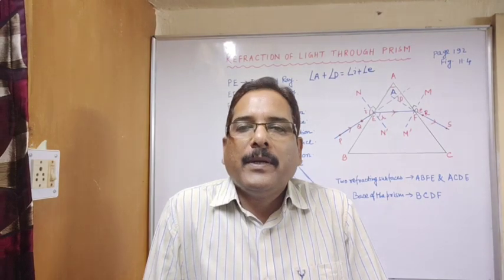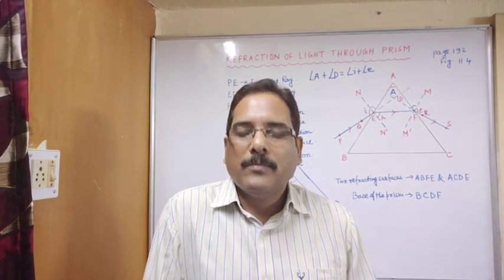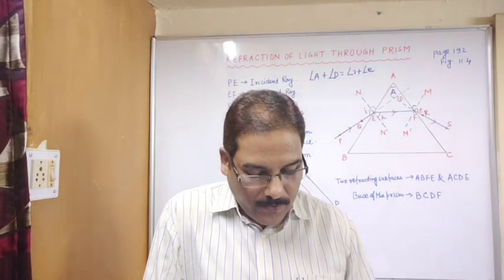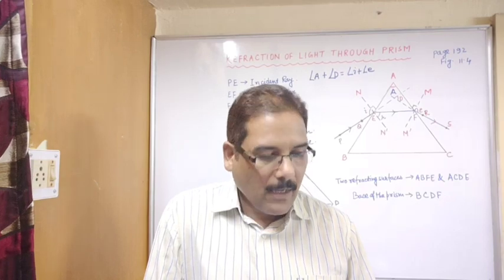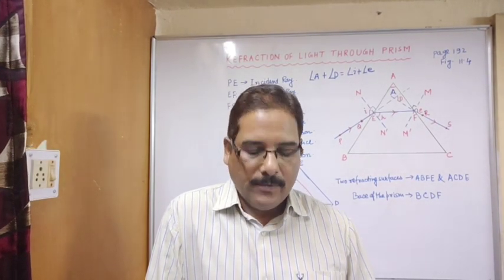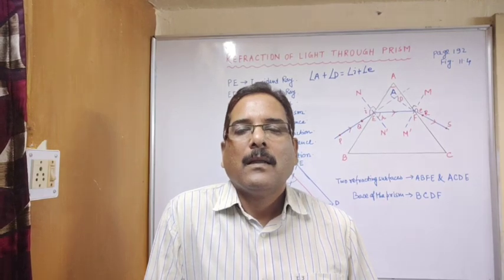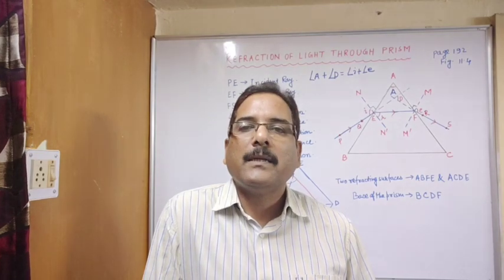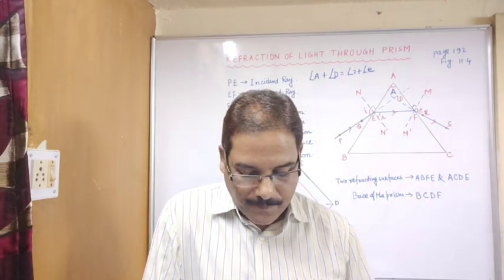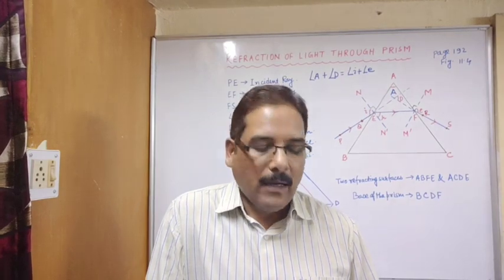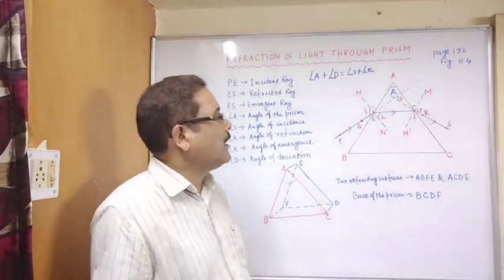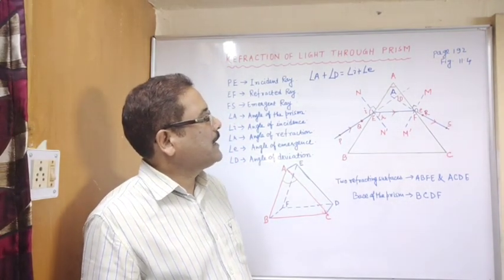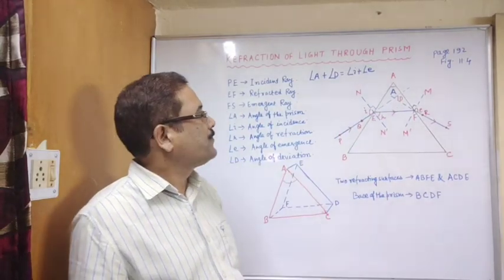The angle formed between the incident ray produced and the emergent ray produced backward is called angle of deviation. And in diagram we have represented it by capital letter D.